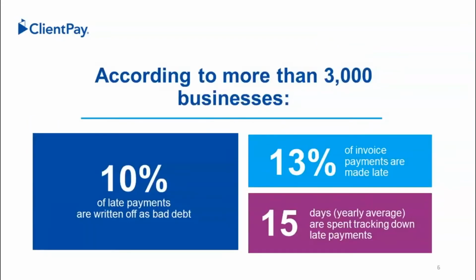And these changes to the overall client experience do translate into real dollars. This is according to a recent Sage report back in 2018 of more than 3,000 U.S. businesses, 10% of late payments were written off as bad debt. And I've seen reports from very reputable industry leaders in the legal space that put that number as high as 18%.